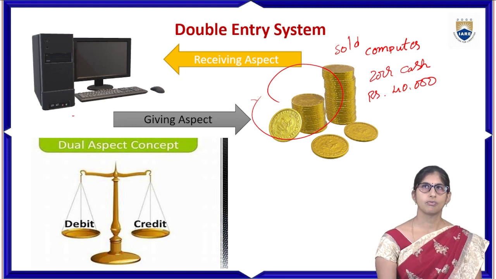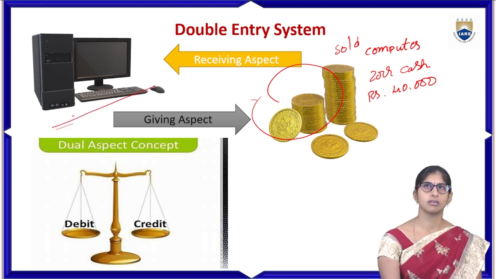We have sold this computer for 40,000 rupees. So 40,000 we are going to receive, and what we are giving? We are giving this computer to some person. So in this transaction, we will have two effects.